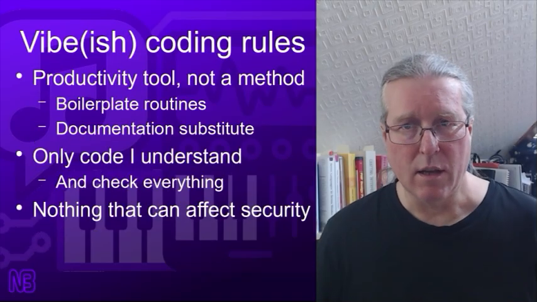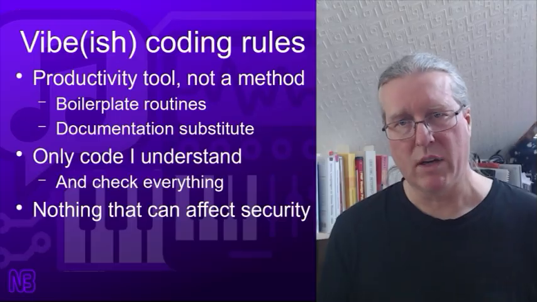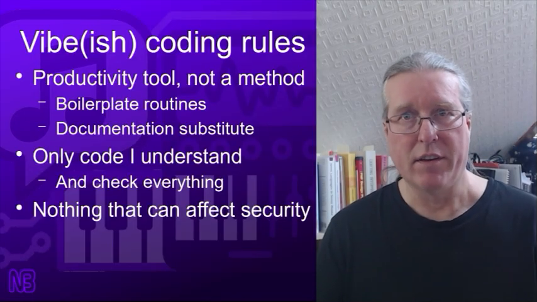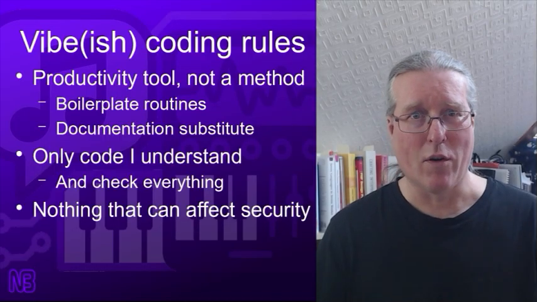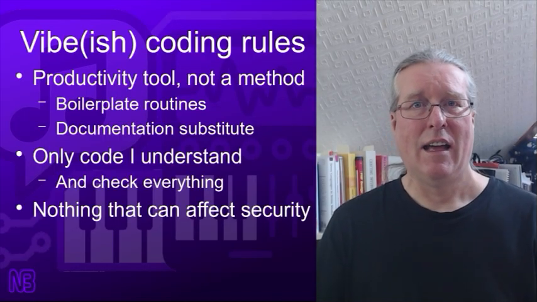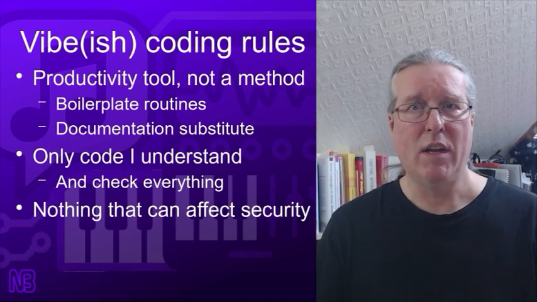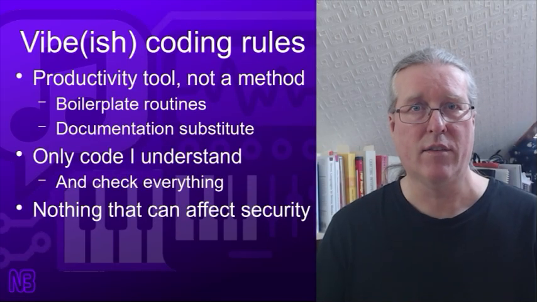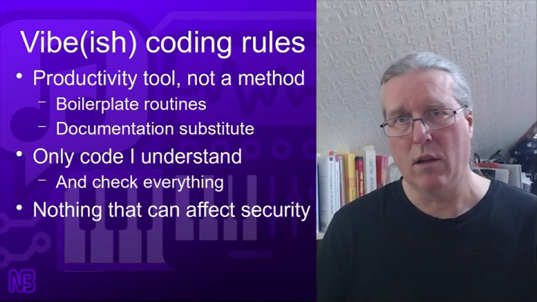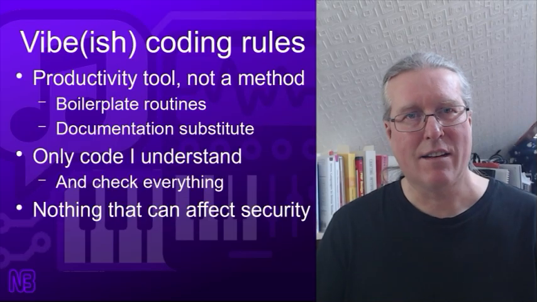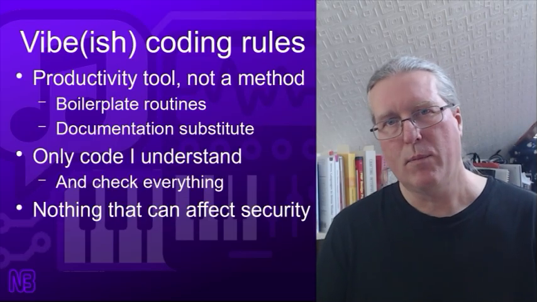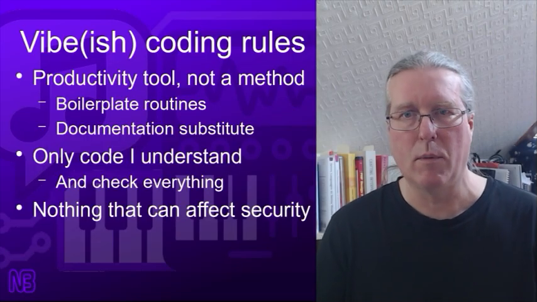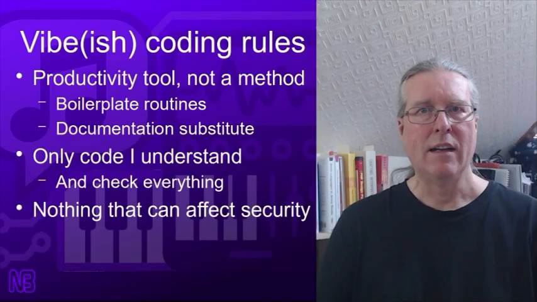So basically, my rules for vibe-ish coding, which I will try and stick to, are: it's a productivity tool, not a philosophy of programming. AI can be used for things that it seems to be good at, at least in my experience, which is fairly boilerplate routines and acting as a documentation substitute by creating example code that uses libraries that aren't well documented and I'm not familiar with.